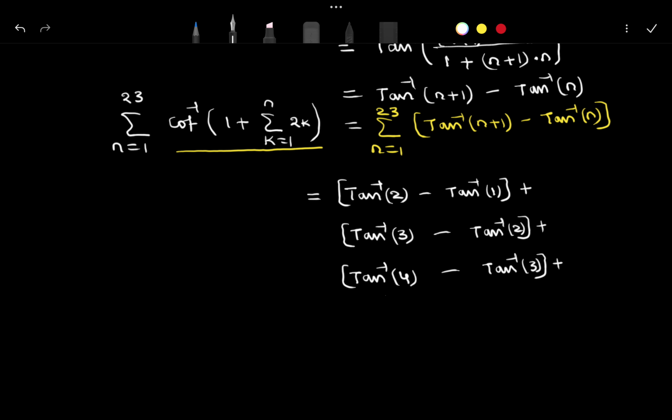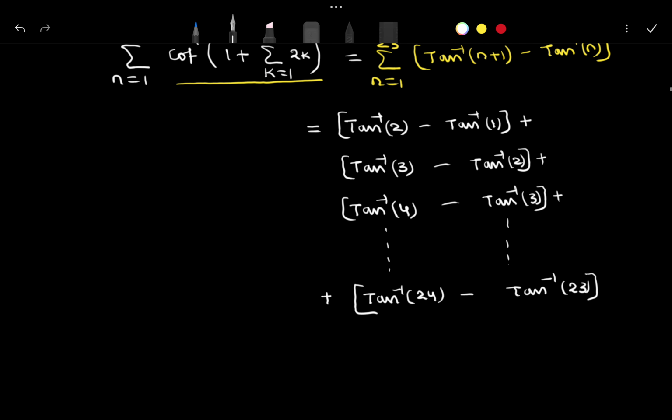The last term, n equals 23, will be tan inverse of 24 minus tan inverse of 23. This is the 23rd term.